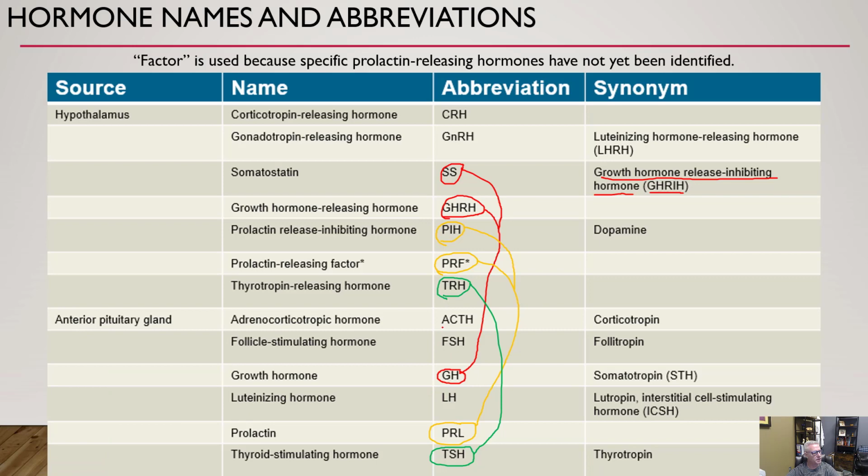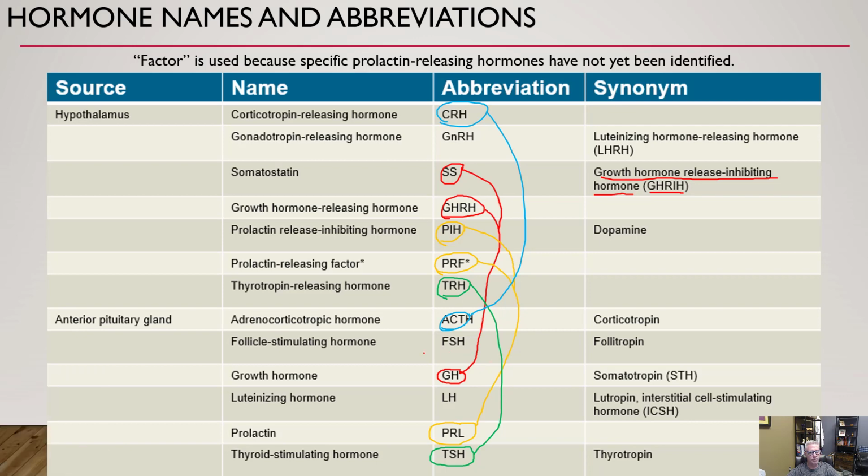Let's see, what's another one? ACTH, adrenocorticotropic hormone. It's going to be released by corticotropin releasing hormone. And again, it doesn't have an inhibiting factor. So once this CRH stops, ACTH will stop as well.